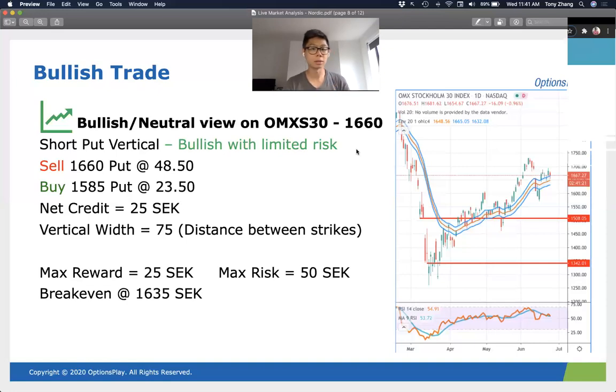Now, selling a call and selling a put are not strategies for beginners. Selling a call option naked is not a beginner strategy. Selling a put option to acquire the stock is a beginner strategy, but it is specifically for acquiring the stock.